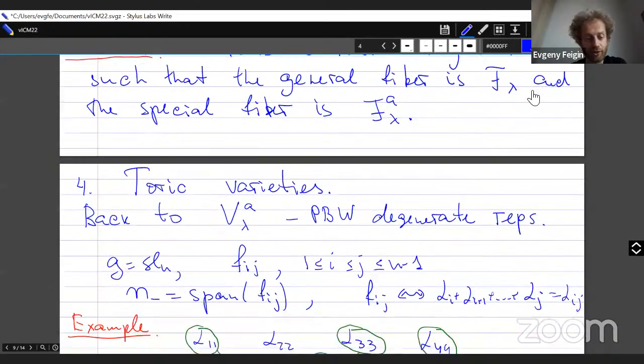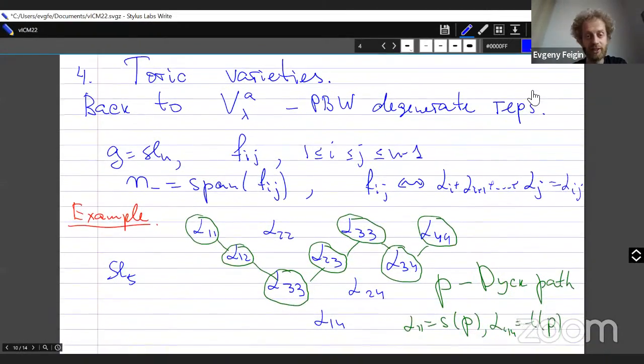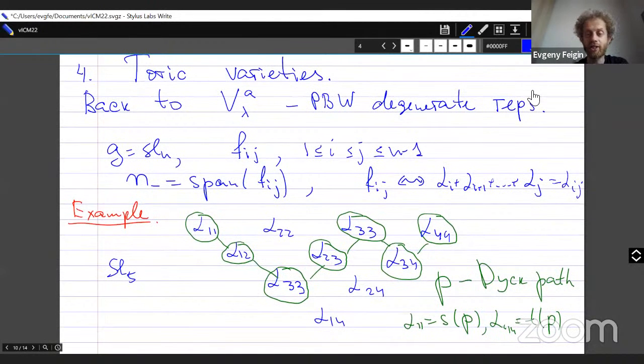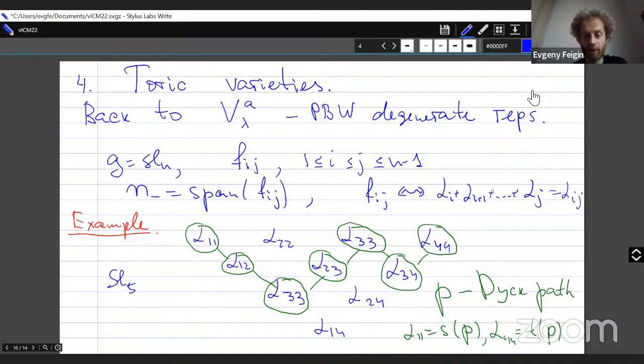Let's move on to the toric varieties part. So actually, there are two different objects we are going to study here. First of all, this is the combinatorics of the basis of representations V_lambda^a. So remember, these are PBW degenerate representations, being the direct sum of the graded components labeled by the number s.